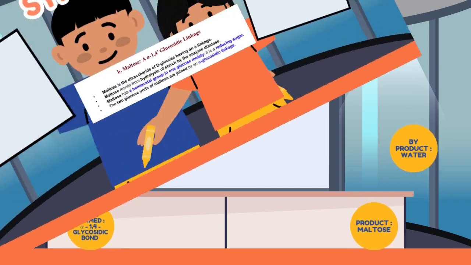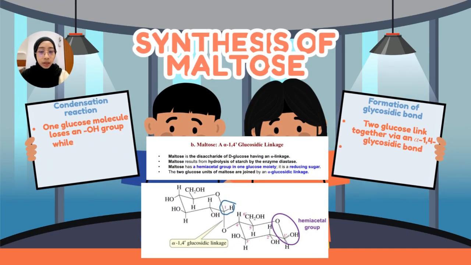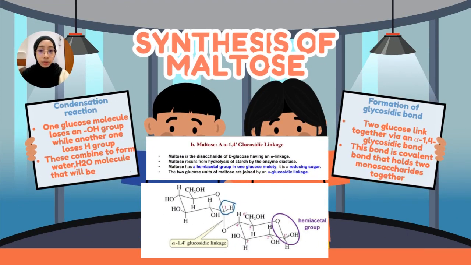As you can see in this slide, the synthesis of maltose involves two things, which are a condensation reaction and also the formation of a glycosidic bond. The condensation reaction is as I explained on the previous slide, while the formation of the glycosidic bond has additional information, which is that the glycosidic bond is a covalent bond that holds two monosaccharides together.